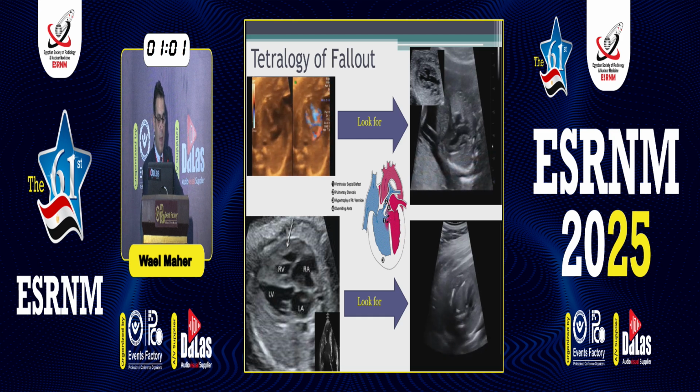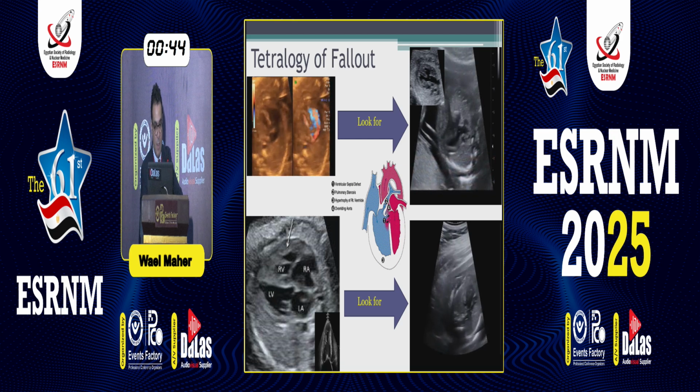And if you have, it's very clear from the four chambers view that we have hypertrophy in the right ventricle compared to the left one. And definitely on the left side, as I've mentioned, in the three vessels view, if you have stenosis in the pulmonary artery, it will be very clear that we have PAS, as I've just mentioned. So if you are acquainted with these four findings, we have tetralogy of Fallot.